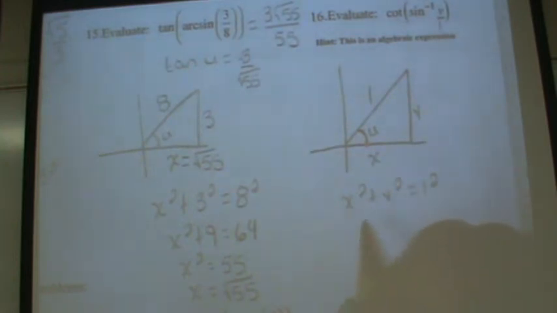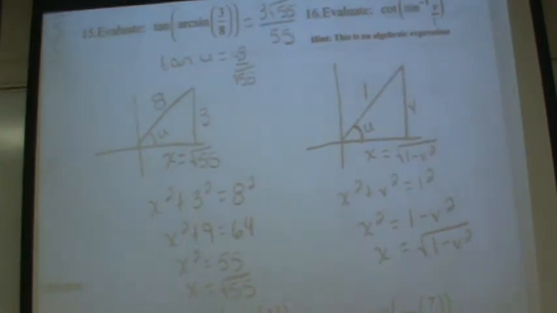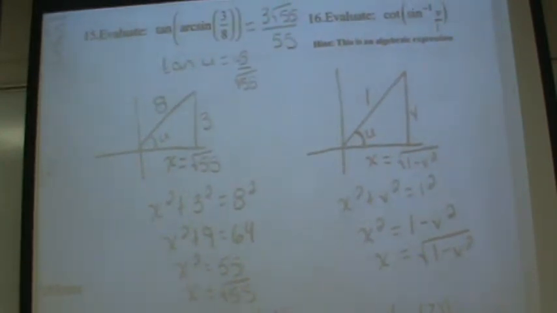So now we're going to solve for x. So x squared equals 1 minus v squared, square root both sides. You get the square root of 1 minus v squared. That's what our x equals. So now, cotangent we said is adjacent over opposite.